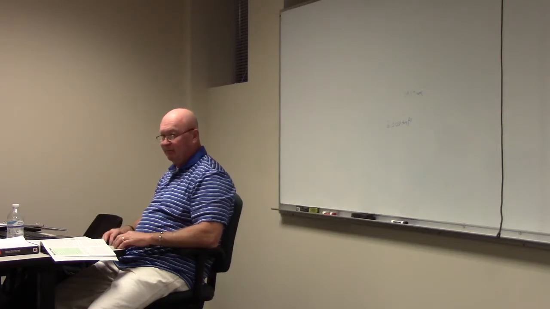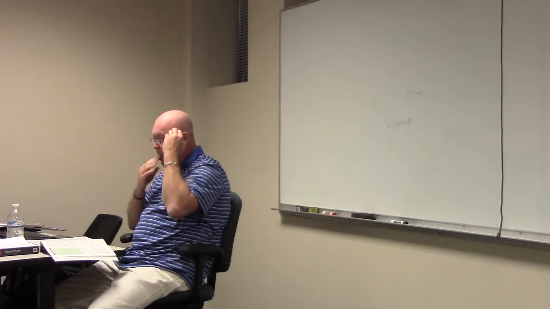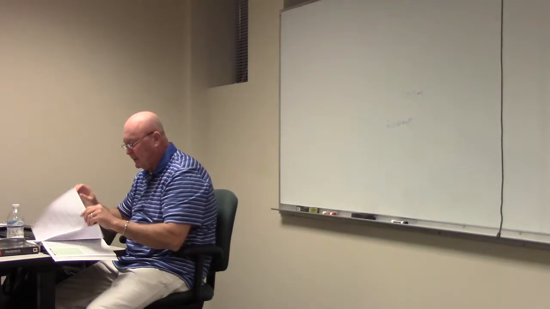How many volt amps is a receptacle? 180. So if I told you 50, you'd multiply by 180, and that gives you your volt amps. So know how to do that.